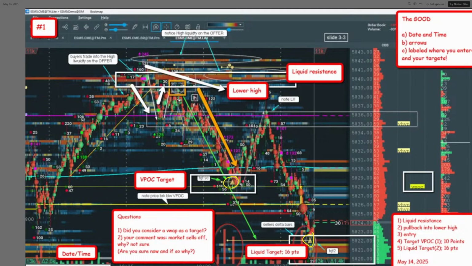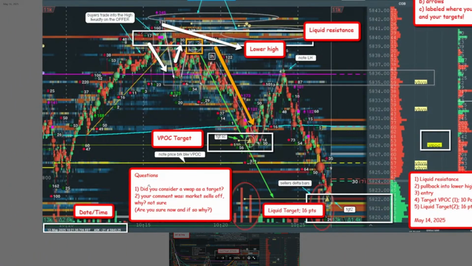I'm just trying to remember what trade this was. Well, context was we opened higher, outside of range. It opened near the overnight high, I think above or near the overnight VPOC.